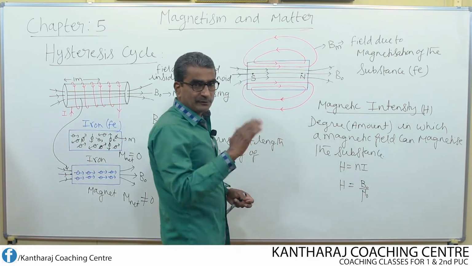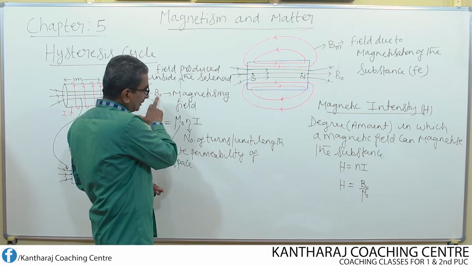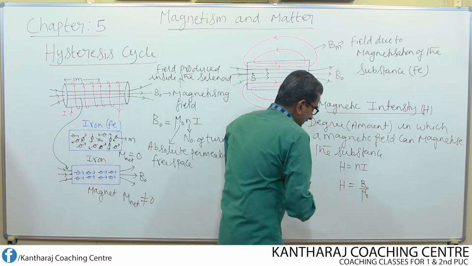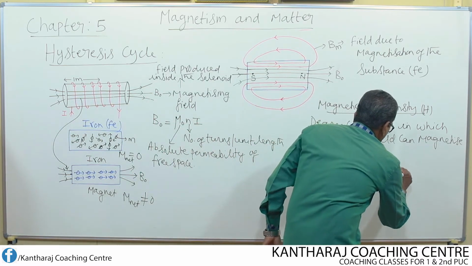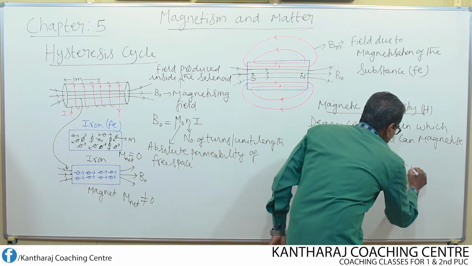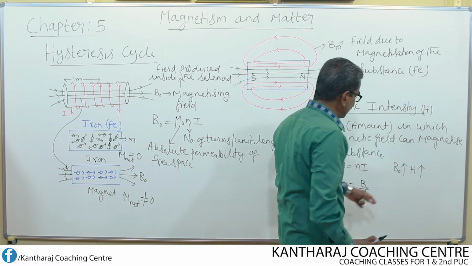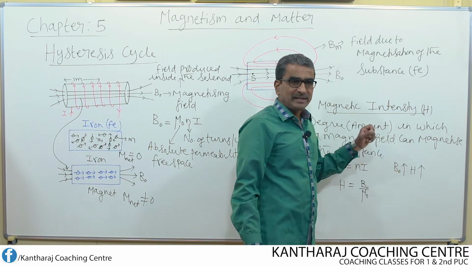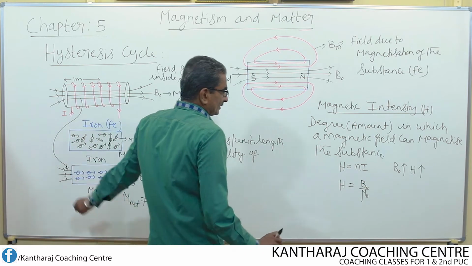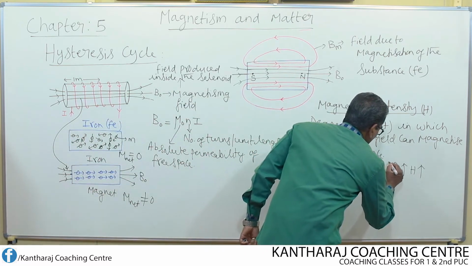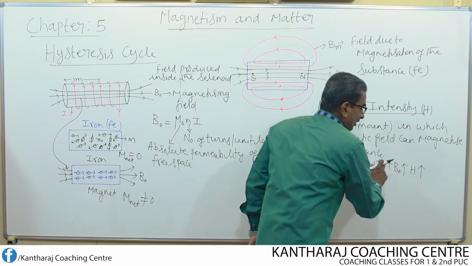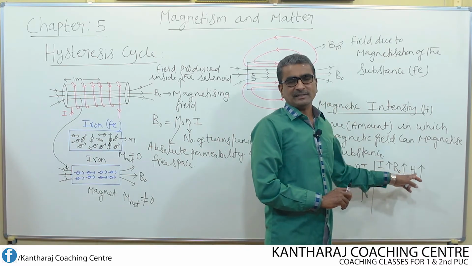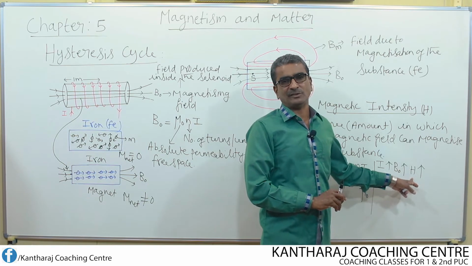So just look into the difference between B naught and H. It is very evident that as B naught increases, H also increases. How can we increase B naught? B naught can be increased by increasing the current. So if current increases, B naught, the magnetizing field, increases. If the magnetizing field increases, then the magnetic intensity also increases.